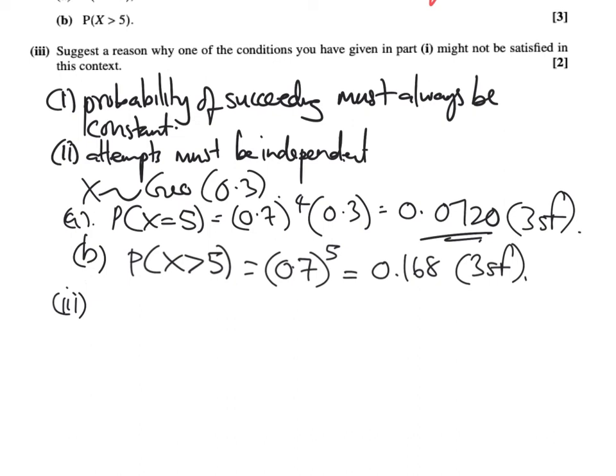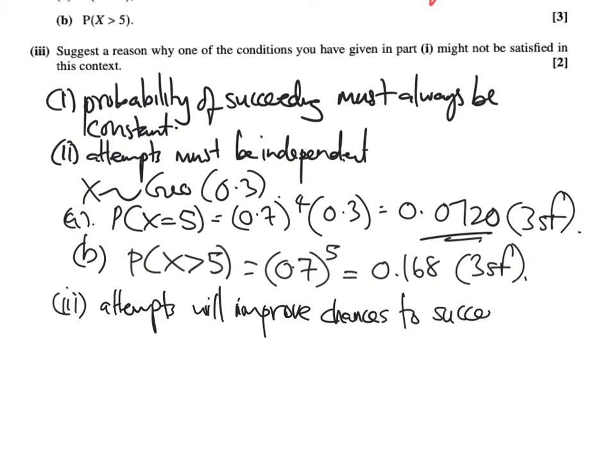So attempts will improve chances to succeed, and so therefore independence is unlikely.